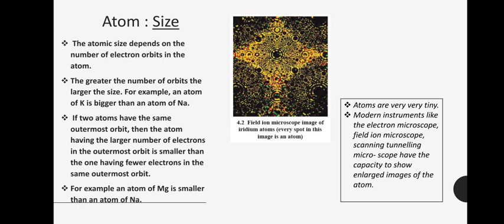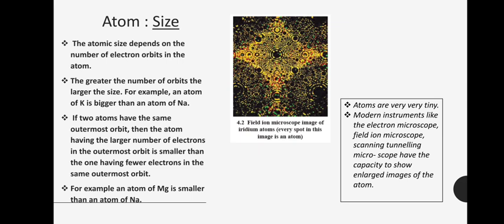Correct? Now here in this particular picture I have shown a field ion microscope image of iridium atoms. Whatever you see, the spots which you are seeing, each one is an atom. Correct? That is the image of a particular atom. So it shows that these atoms are very tiny.